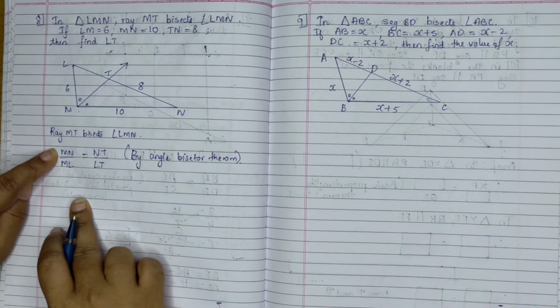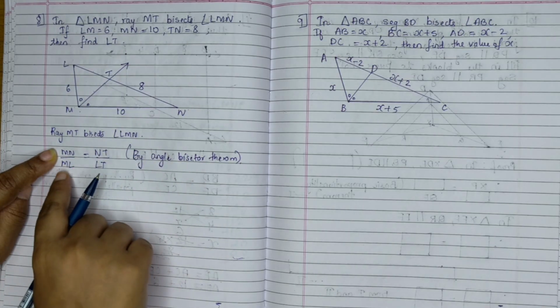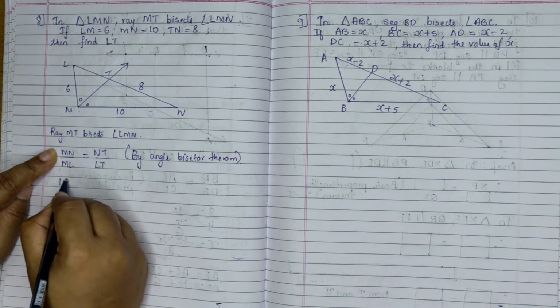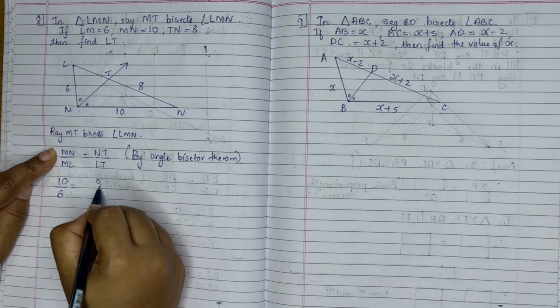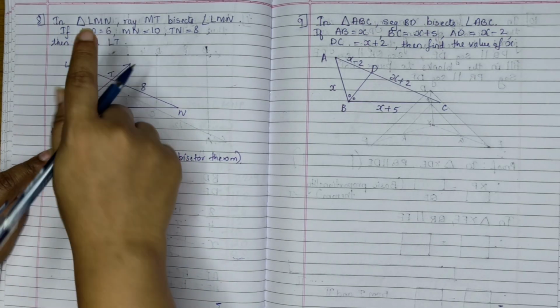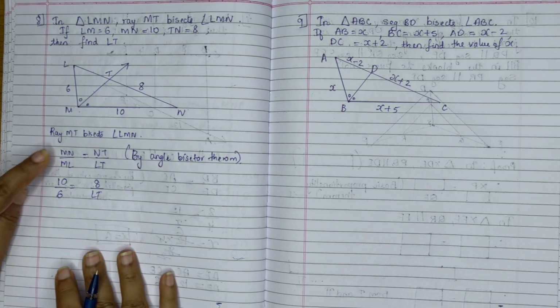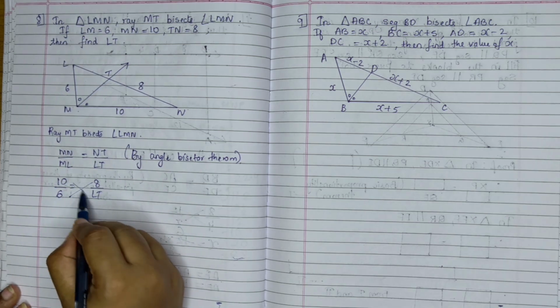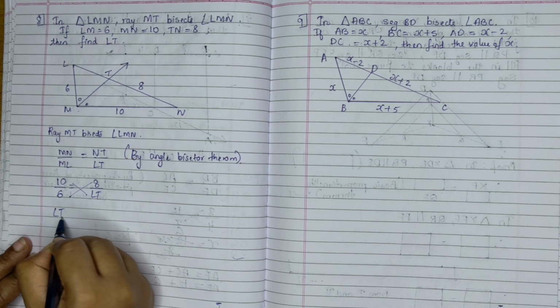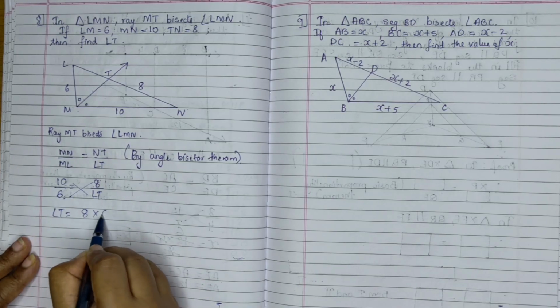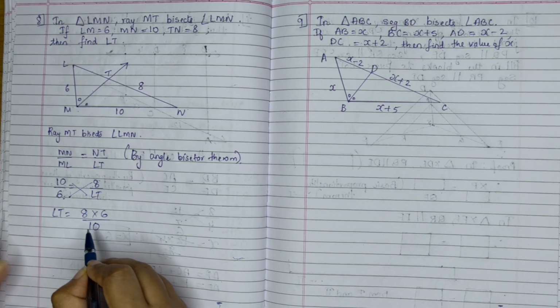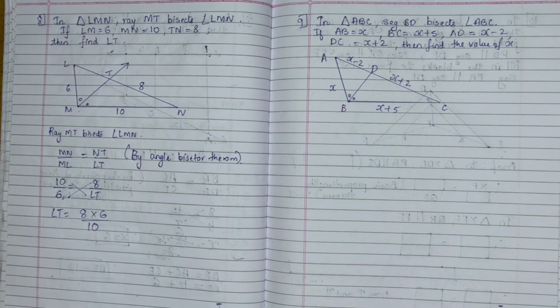Now you write down the values. MN is 10 and ML is 6. So 10 upon 6 is equal to NT. NT is 8 and LT we have to find out. So write LT as it is. After that cross multiply. So LT is equal to 8 multiplied by 6 and this 10 you bring it here. Okay. Now you will reduce it.